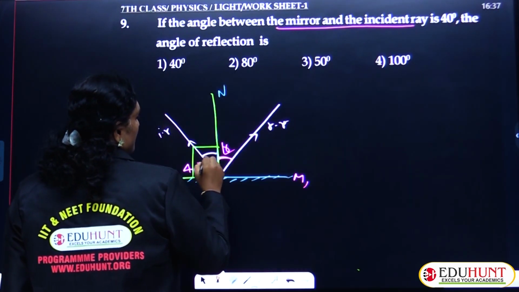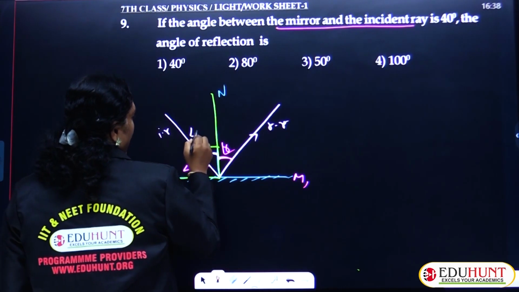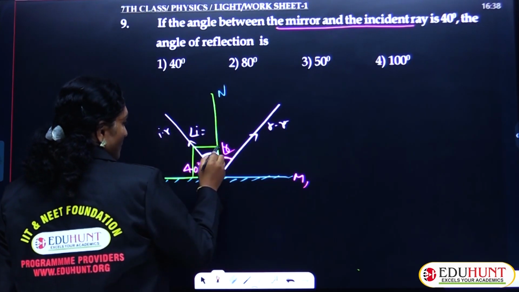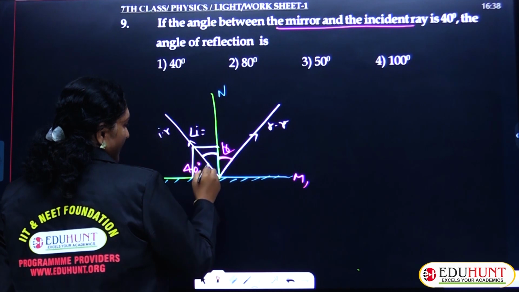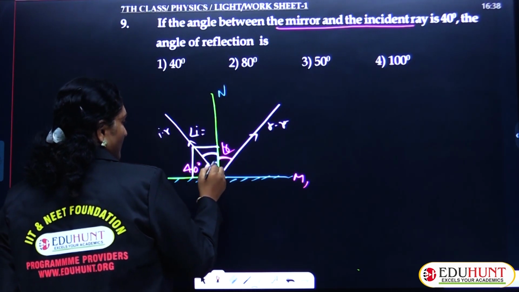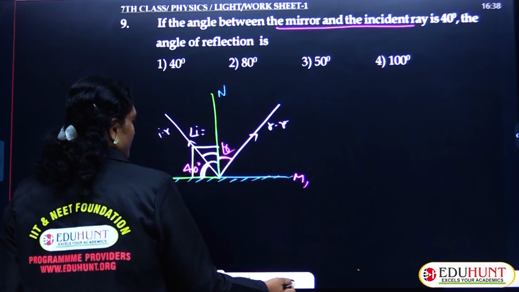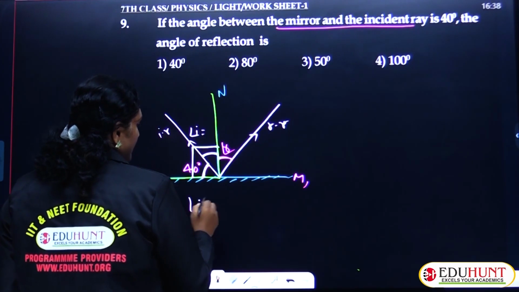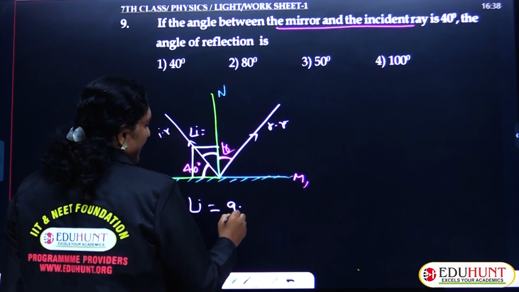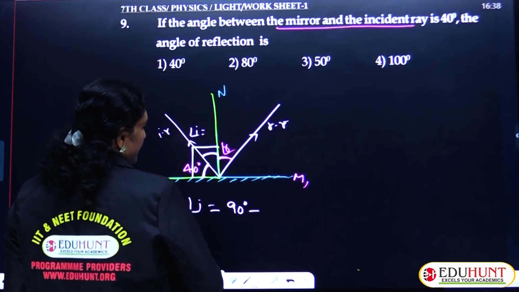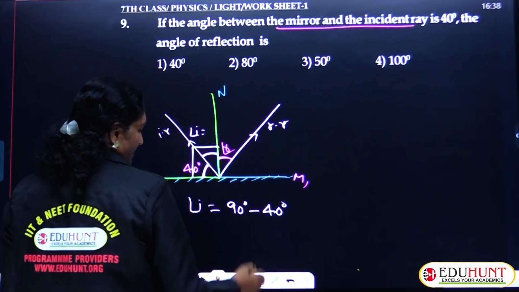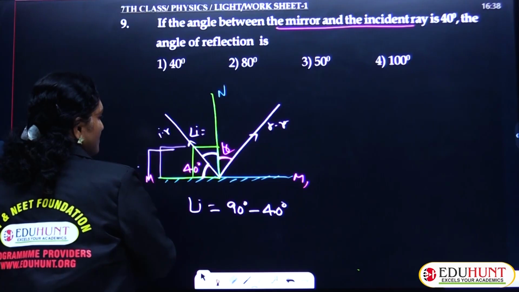The remaining portion must be the angle I, which is the total angle minus this angle. That is, angle I must be equal to the complete angle 90 degrees minus the given angle 40 degrees. Is that clear, children?